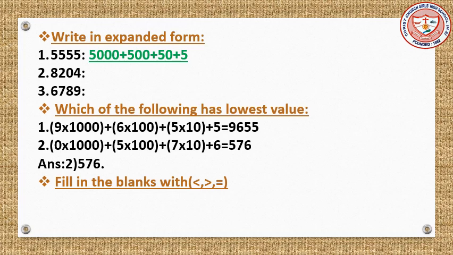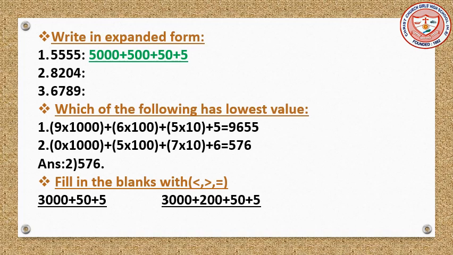Now fill in the blanks with greater than, less than or equal to. The two numbers here are 3000 plus 50 plus 5, and the other number is 3000 plus 200 plus 50 plus 5.